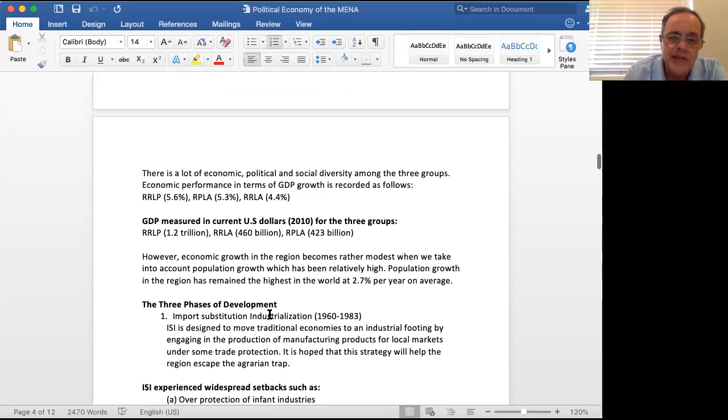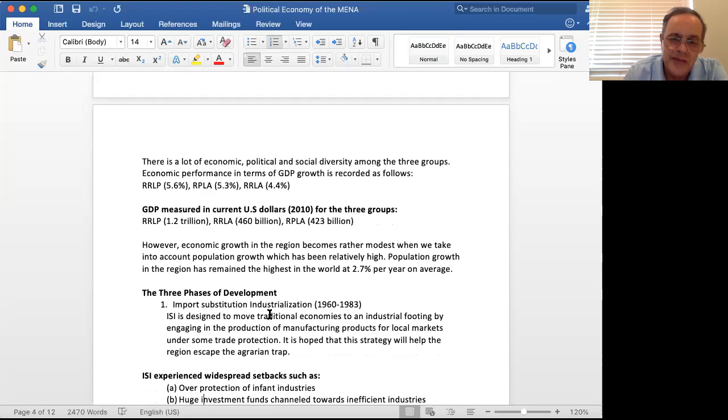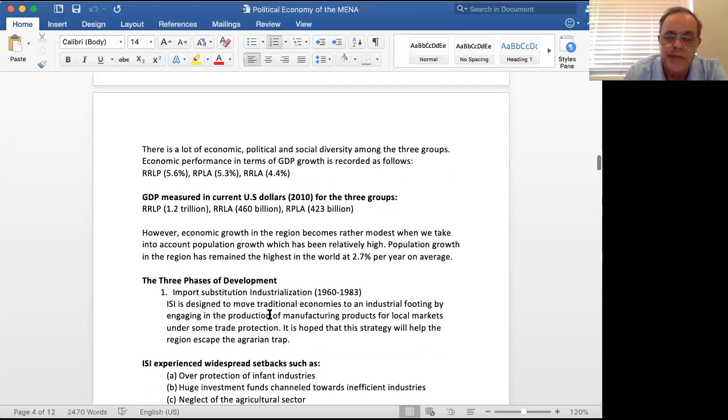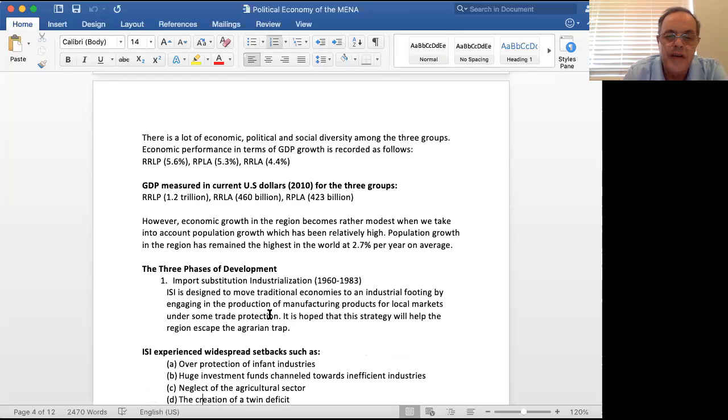So, okay, let's look at the three phases of development. Let's start with the ISI strategy. And you can see the ISI started from 1960 to about 1983.